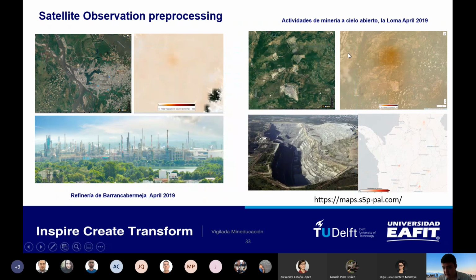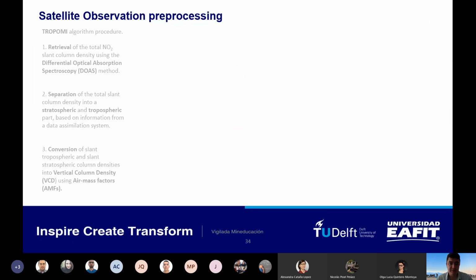You can see here how this mine that is located here has actually the same magnitude levels for this period of time as those of a city. So the activities that pollute in this sense can now be measured from space.